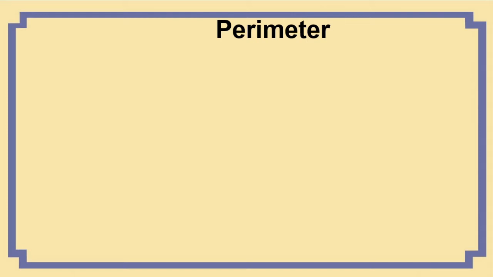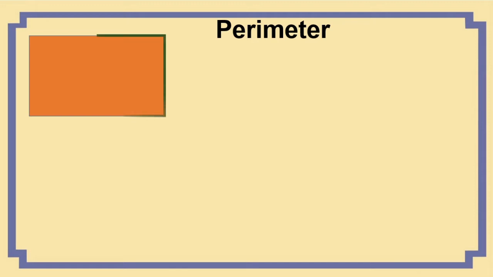Perimeter. You can see here a rectangle, and in perimeter we count only the borders, or we take into account only the measurement of the sides, isn't it? First we will name this rectangle as A, B, C and D, and we know the meaning of perimeter, that we will write first.